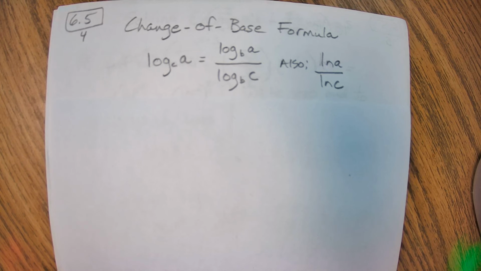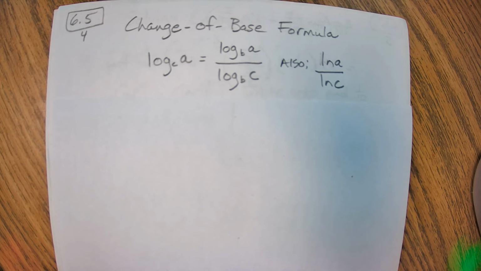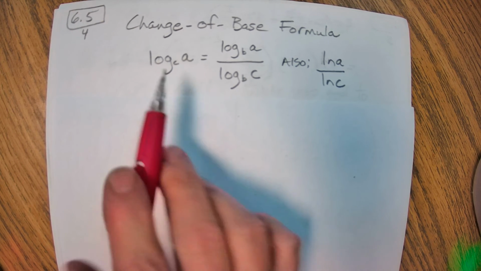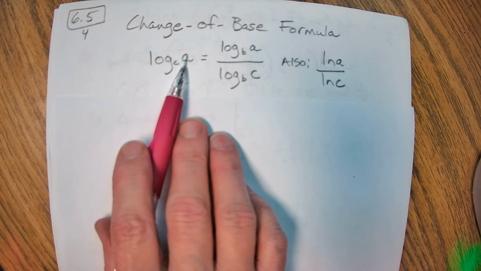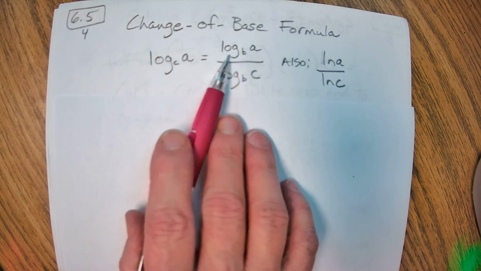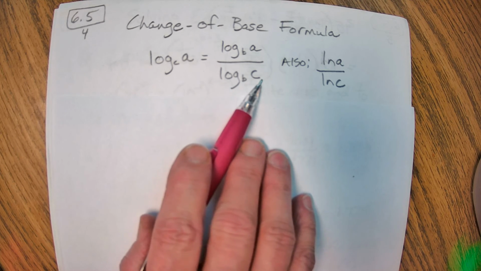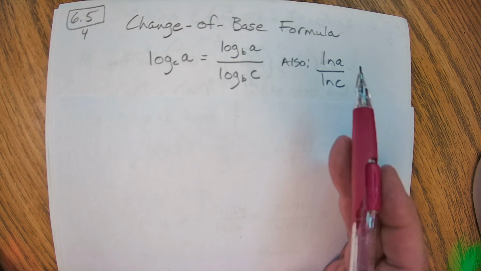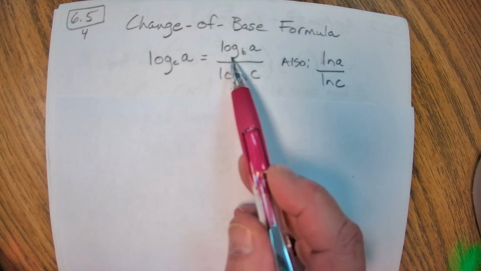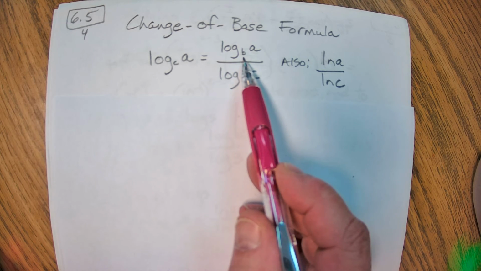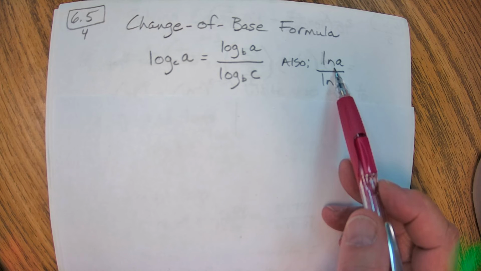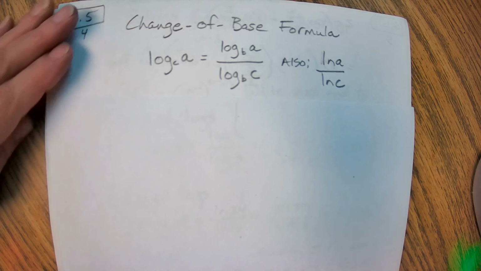So you have the log base C of A. It's the log base B of A over the log base B of C. In other words, you could change it to common logs where the base is 10, or you could do natural log.